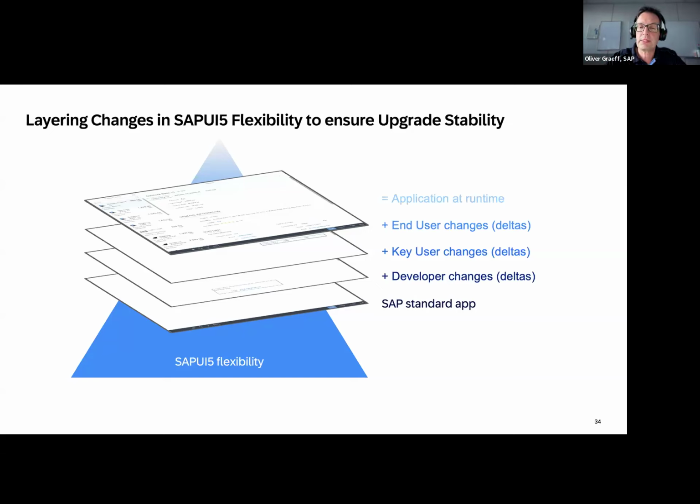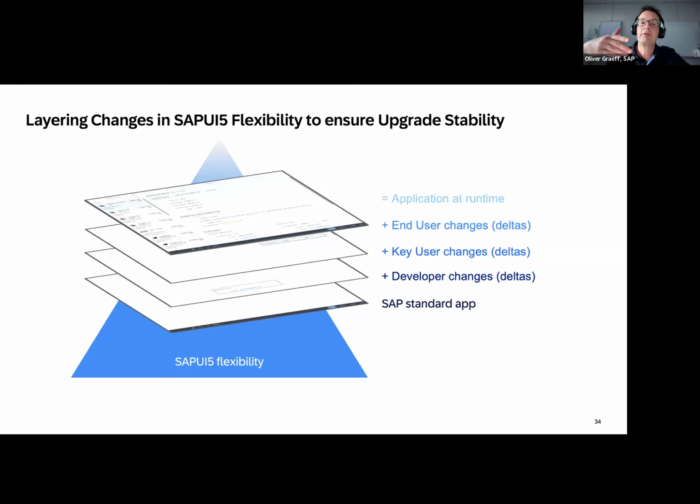And the benefit of this is if the SAP standard app updates, if you do an upgrade to a new version, it still works, because all the deltas, your adaptations, are stored separately in a way that it still works with the standard app.